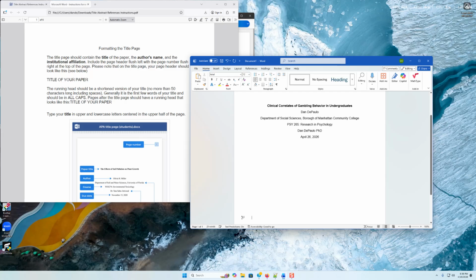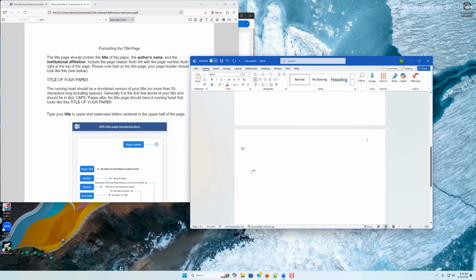When I get to page 2, you'll see that the page number is automatically there for 2. So you don't have to touch the page number once you put it in. It's going to be on every page, right? And then you're going to have a short title. The short title should be a shortened version of the full title. So I like the first 3 or 4 words of the full title. So, clinical correlates of gambling. That's going to be my short title.